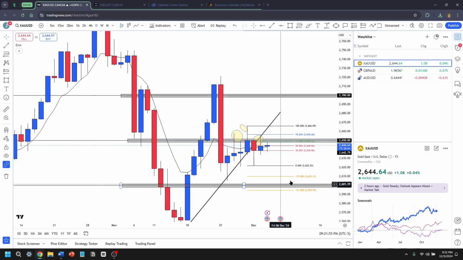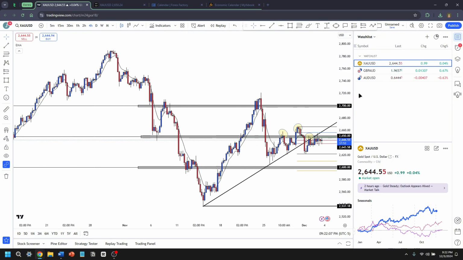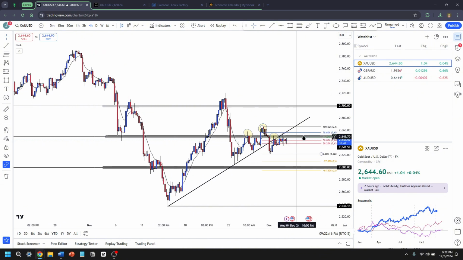Alright, so 5 days of inability to close above this area. That just tells me price is not pushing above this area, not for now at least. So I do see price dropping down to the 2600 I said.